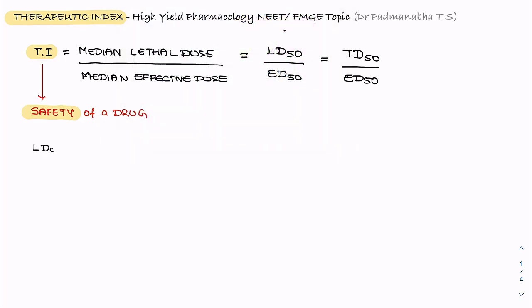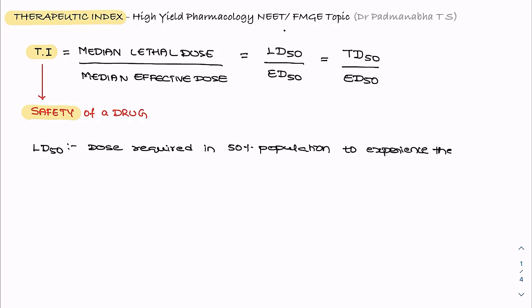LD50 is the dose required in 50% of the population to experience the lethal effects, or in case of humans, it will be represented in the form of toxic effects.